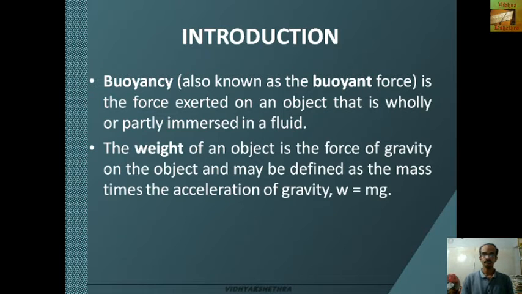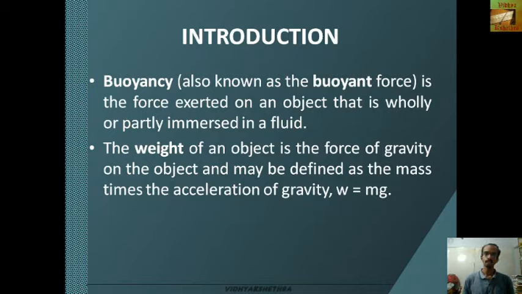Now, the other term is weight. The weight of an object is the force of gravity on the object and may be defined as the mass times the acceleration of gravity. It is given by W is equal to mass of the object into acceleration due to gravity.